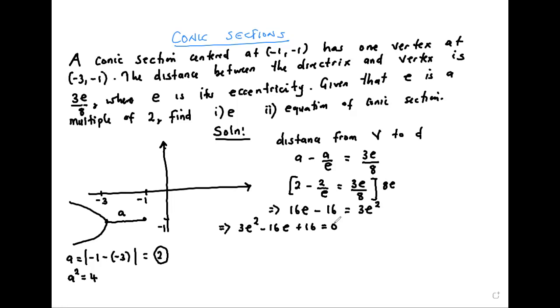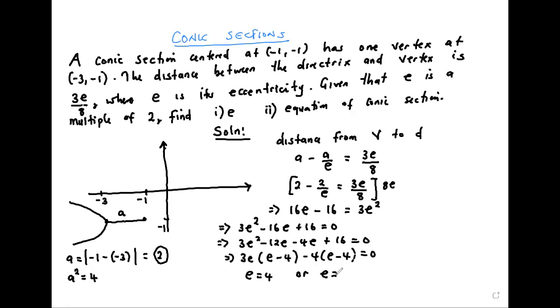So think of two numbers that when you add, you get -16, and when you multiply, you get 48. That is -12 and -4. So we'll write this as 3e squared minus 12e minus 4e plus 16 is equal to 0. So then we have 3e minus 4 times e minus 4 equals 0. This is giving us e is equal to 4, or e is equal to 4/3.